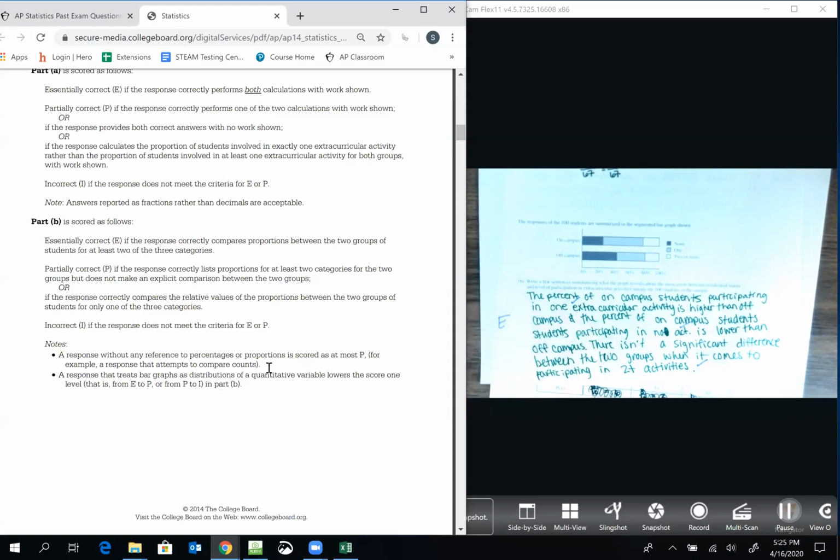Partially correct if you did 2 of the 3. That's not what it says. Partially correct if the response correctly lists proportions for at least 2 of the 3, but doesn't explicitly compare. So if you just stated what the proportions were without any comparison, that was partial.